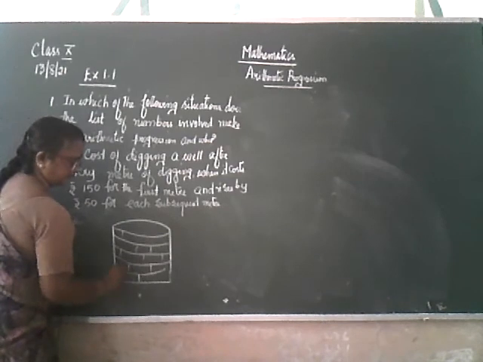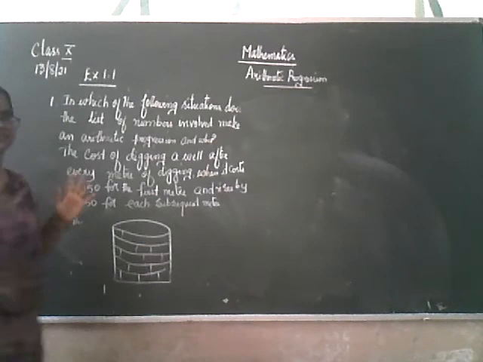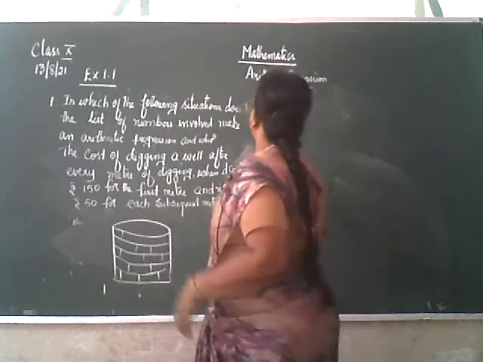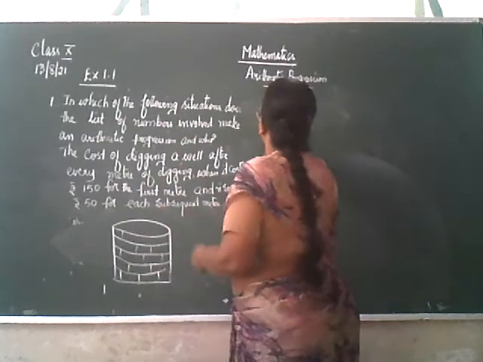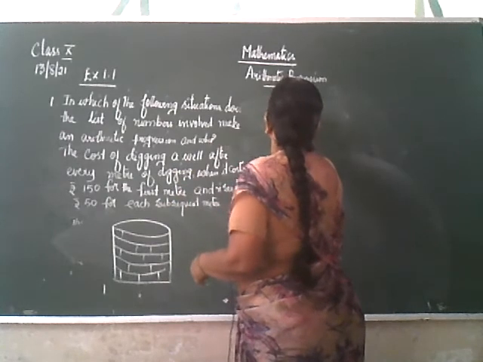So when he digs the well, every meter of digging, it costs rupees 150 for the first meter. So while digging the well the first time, you can write the cost of digging the well.